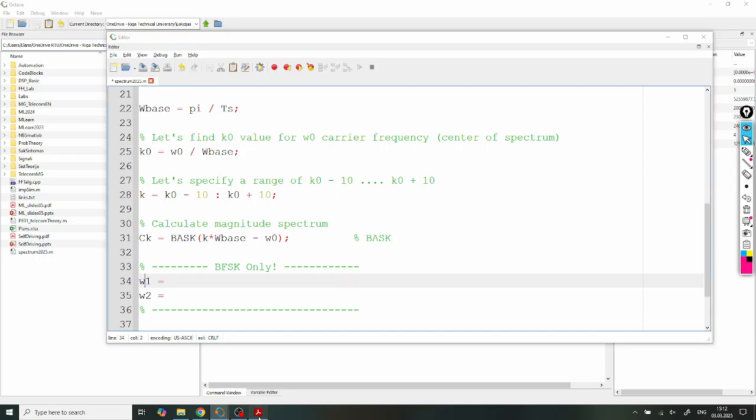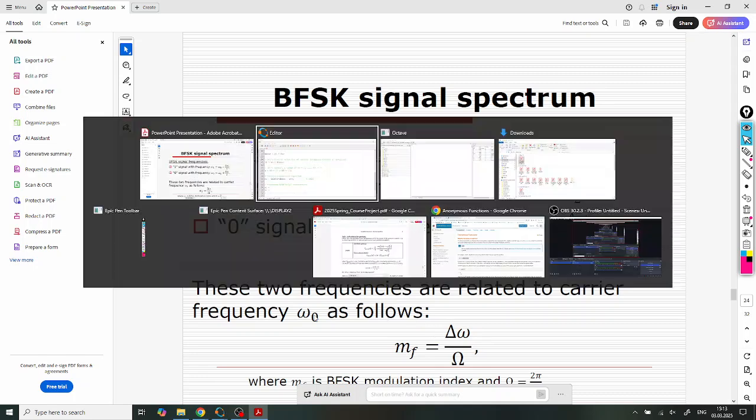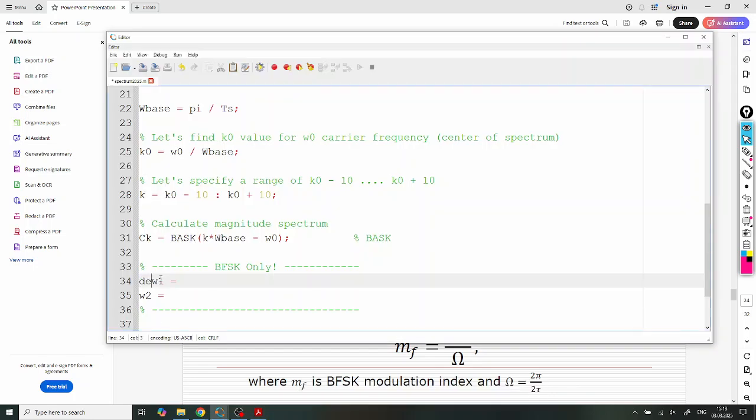In order to do so, you need to know the index of modulation, which is provided for you, and the base frequency, which we have calculated. So the delta omega can be calculated as product between index and base frequency. So let's do that. Delta omega is going to be modulation index multiplied by omega base.